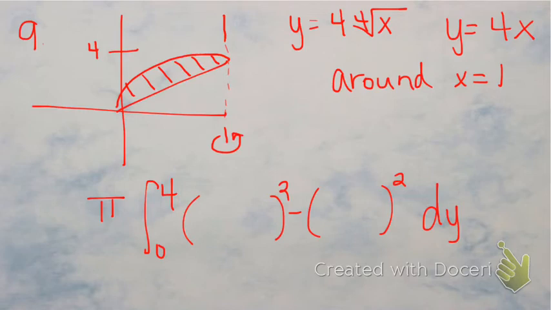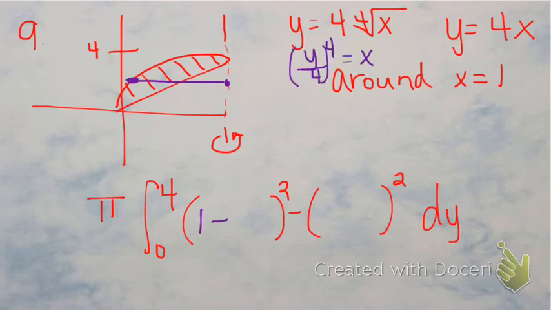Alright, to find the radius, start where you're rotating and go to the outside. I'm rotating around 1, so it's 1 minus whatever the function is on the curve. Again, I need to solve that for x. I believe it's y over 4 to the 4th. And we'll go ahead and solve this one as well, so it's y over 4.